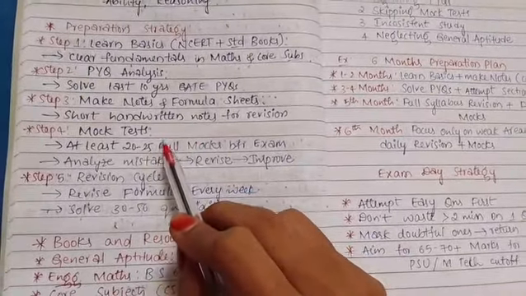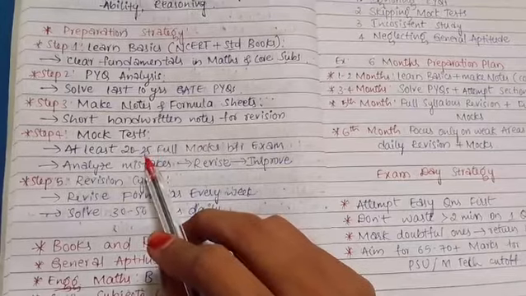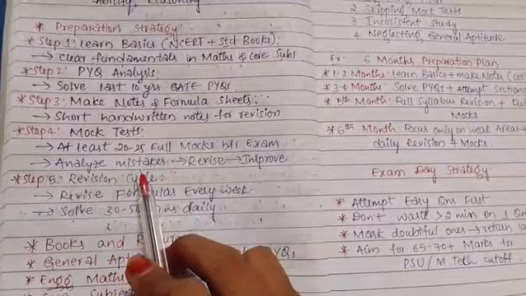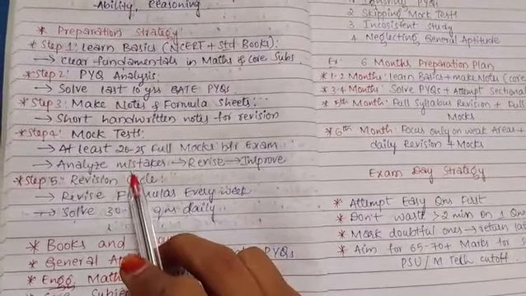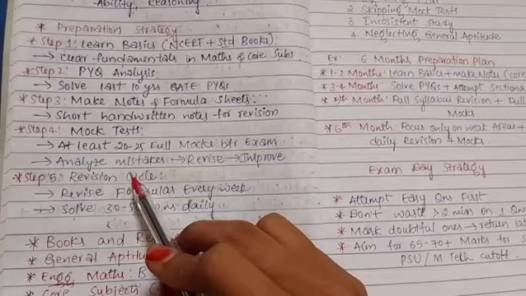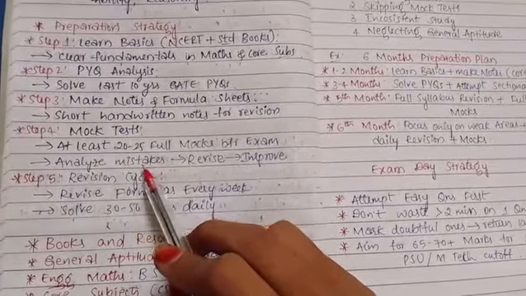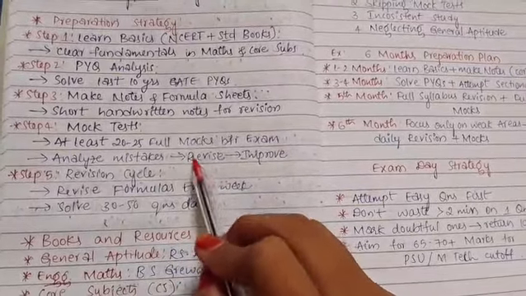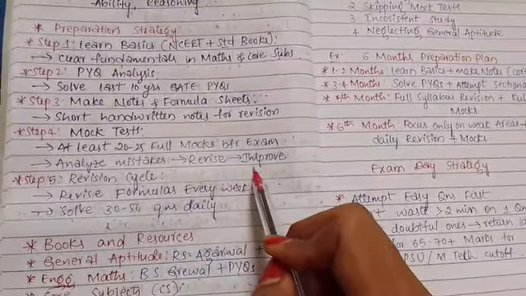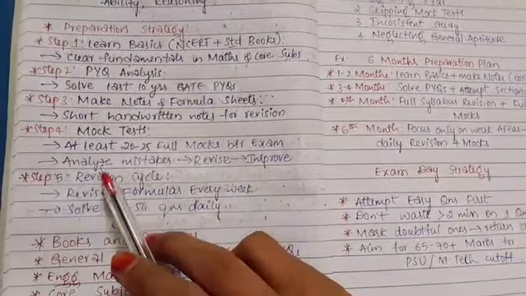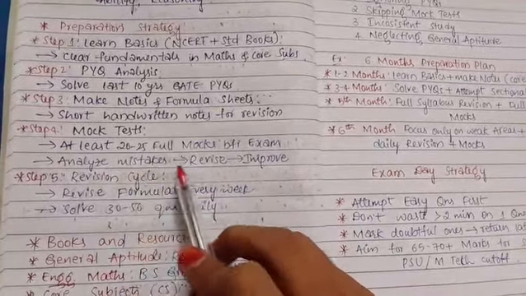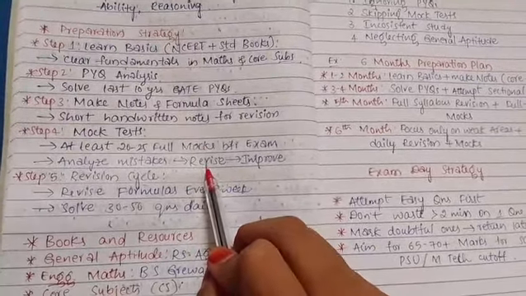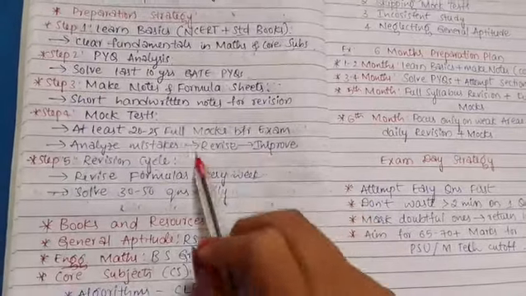That's why you have to take mock tests before the GATE exam and analyze the mistakes. Whatever mistakes you make, you have to analyze them, revise the topic again and again and improve in that subject. Got it? Only then will you be able to improve that subject.